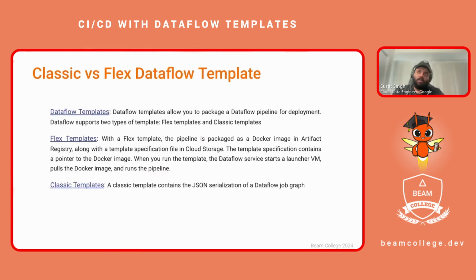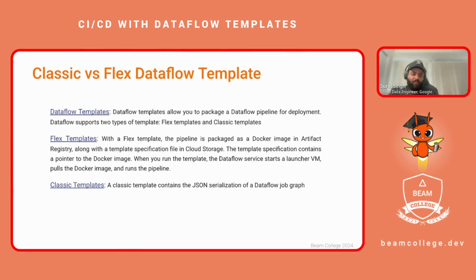Let's talk about the different types of Dataflow templates. This is one concept where new adopters of Dataflow, who want to write their Beam code and run it in Dataflow, get confused. A Dataflow template lets you package your Dataflow code so it's easier to share and deploy.